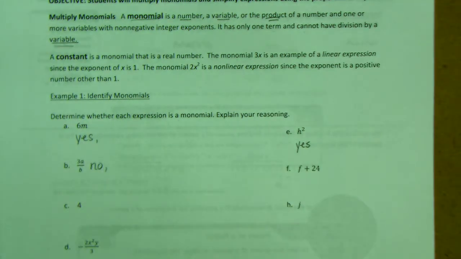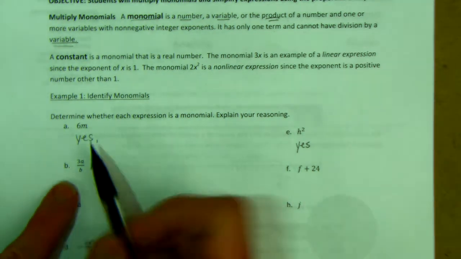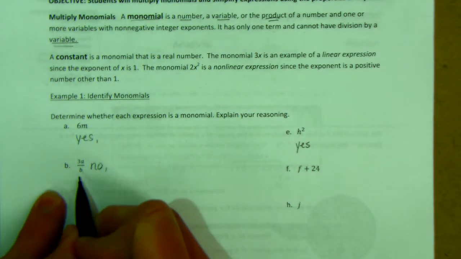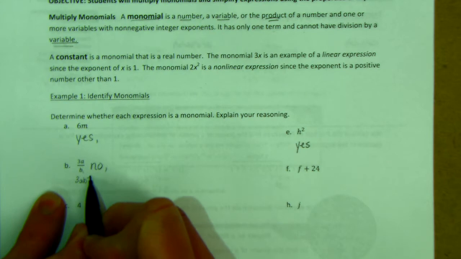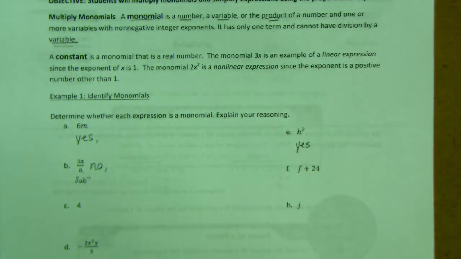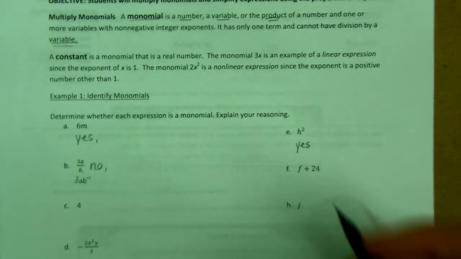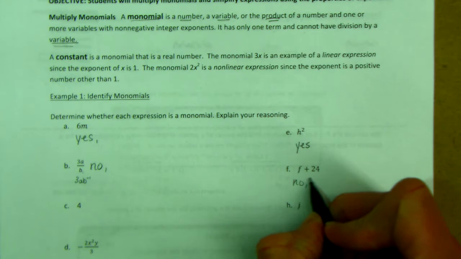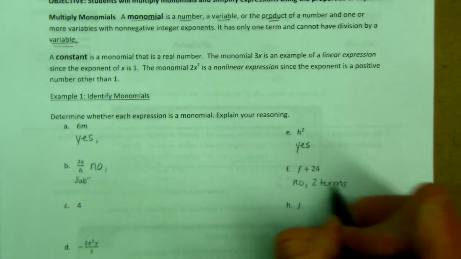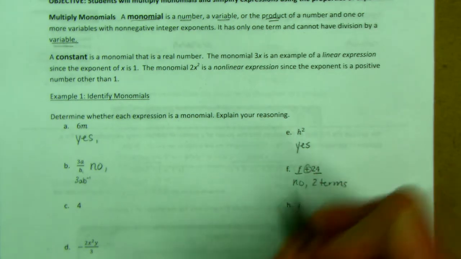So with non-negative exponents, because this technically would be 3ab to the negative 1 when you have that b in the denominator. So that's a no. And why? Because b is to the negative 1. Letter F is a no because there are two terms, this one and this one separated by the plus sign.